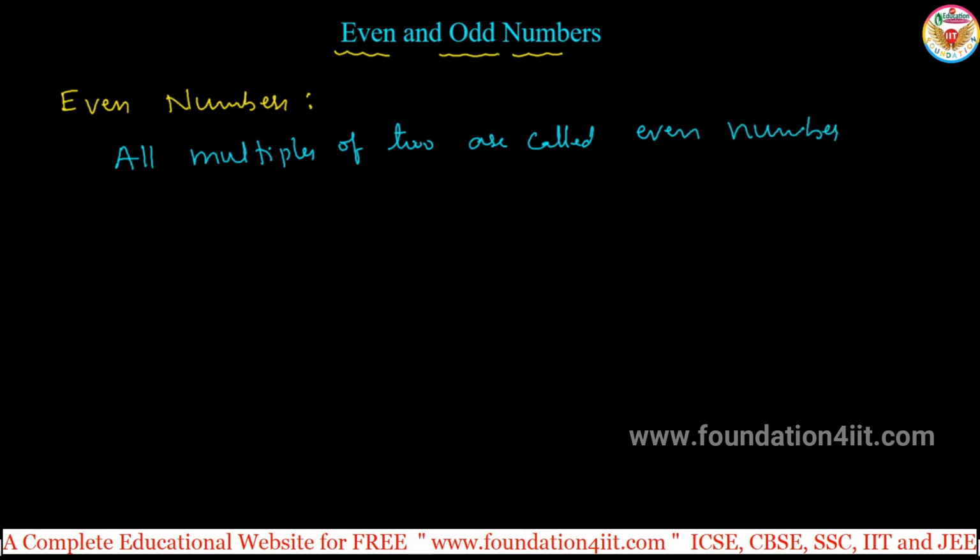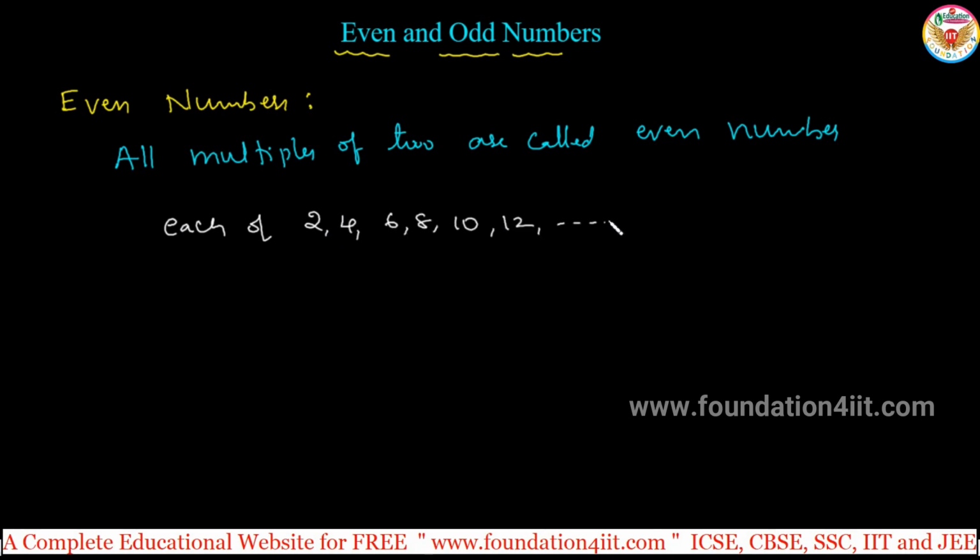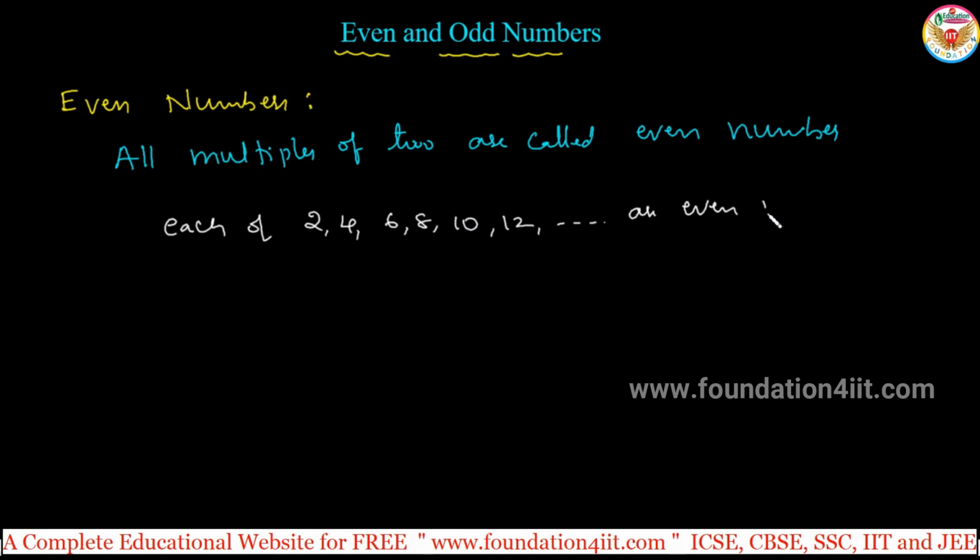That means only the 2 table, that is 2, 4, 6, 8, 10, 12 and so on. These are all multiples of 2, so these are all even numbers.